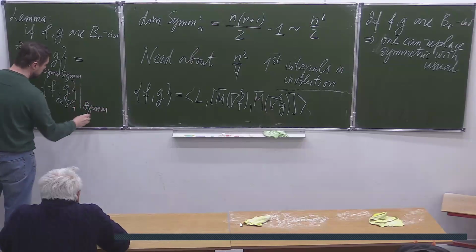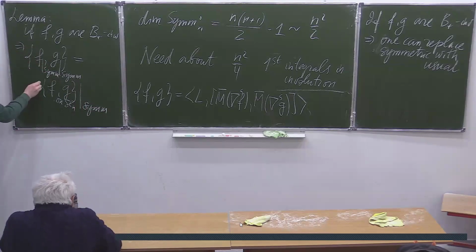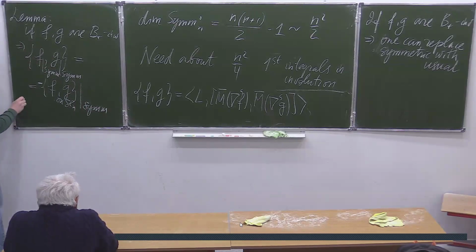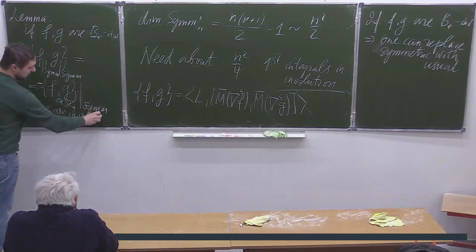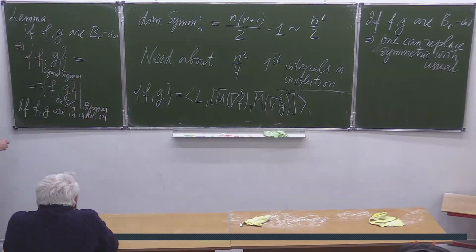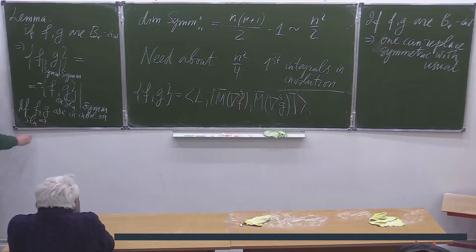In other words, in this case, up to the sign, taking brackets commutes with restriction. In particular, if F and G are in involution on SLN, then they commute when restricted to symmetric matrices.